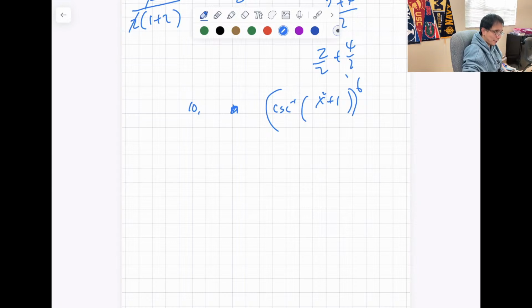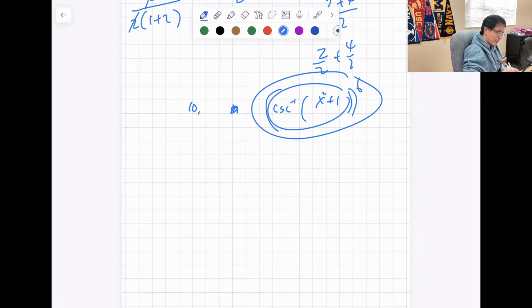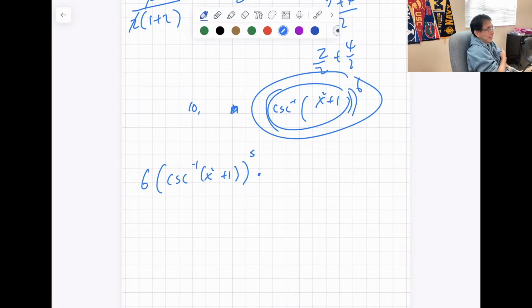Okay, first of all, there's the chain rule. So 6, right? Times inverse CSC of x squared plus 1, to the fifth power. Oh, yeah, thank you. I forgot the 2.